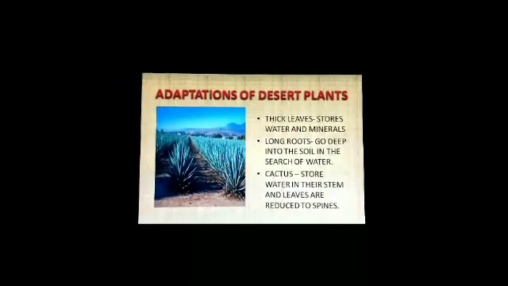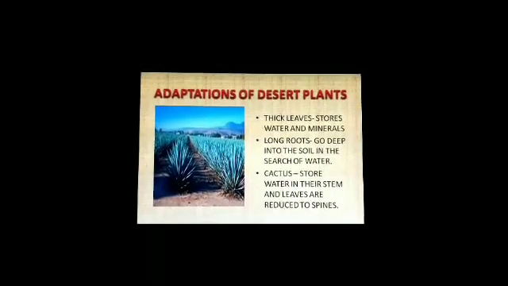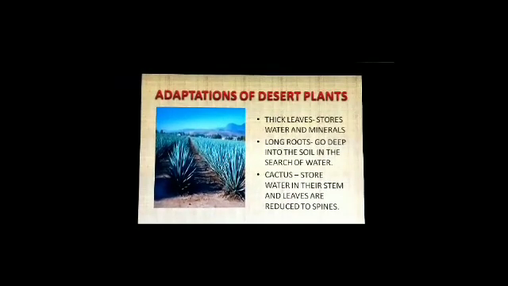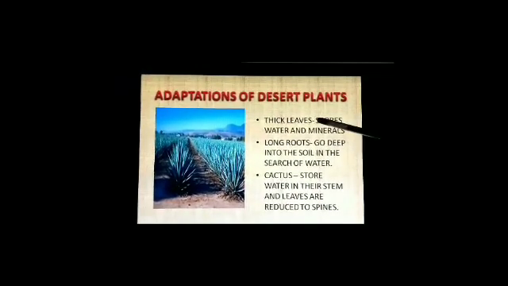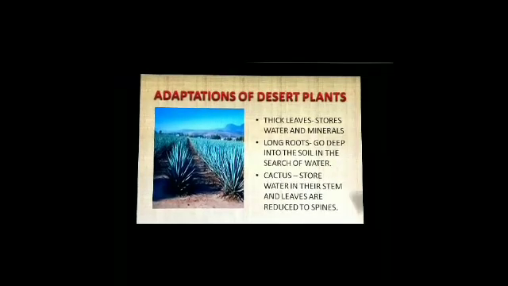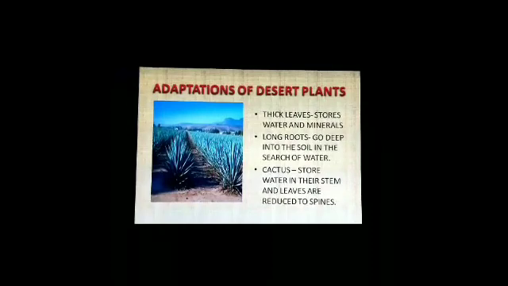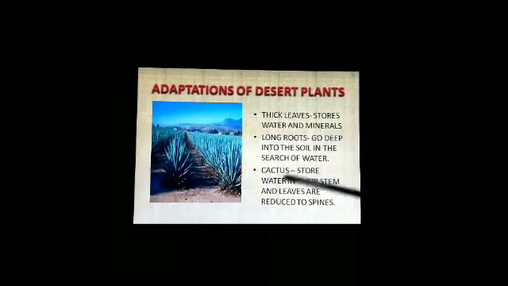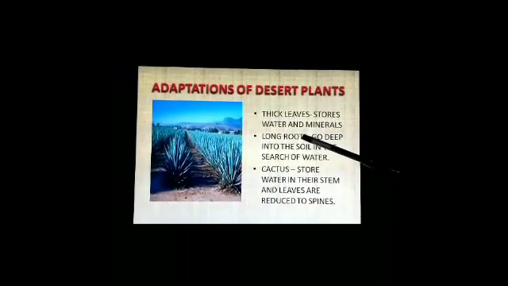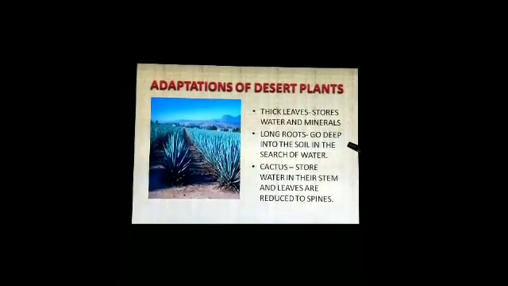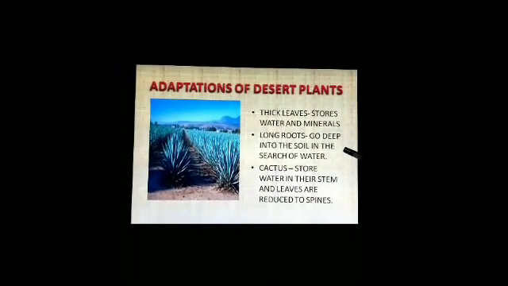The desert also supports the growth of plants, but they need some adaptations to live in that area. Thick leaves. This is the first adaptation, which stores water and minerals. These plants usually have long roots that go deep into the soil in search of water.